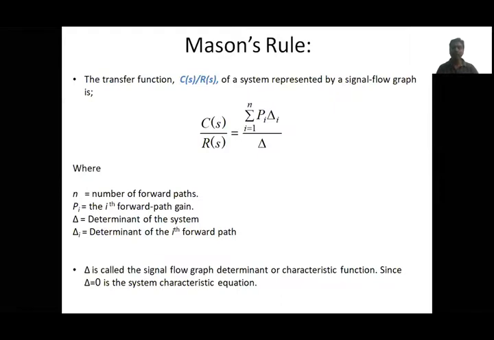Then delta and delta i are the determinants of the system and of the forward paths. Let me explain what is meant by this.